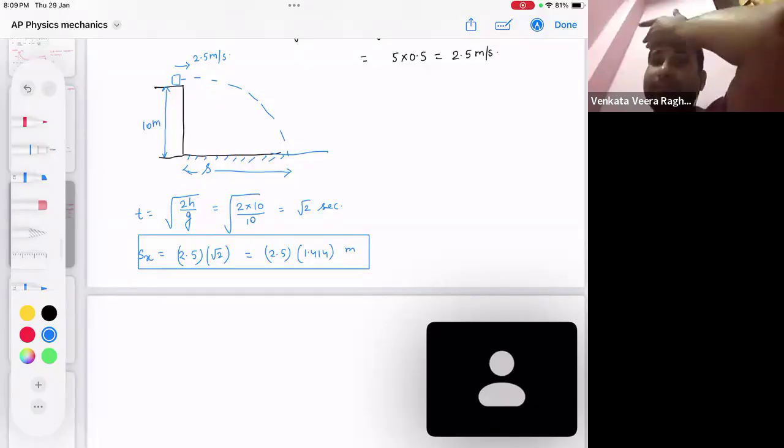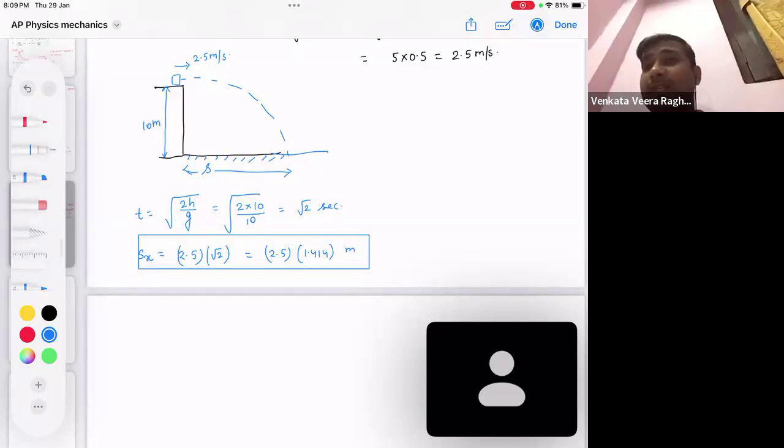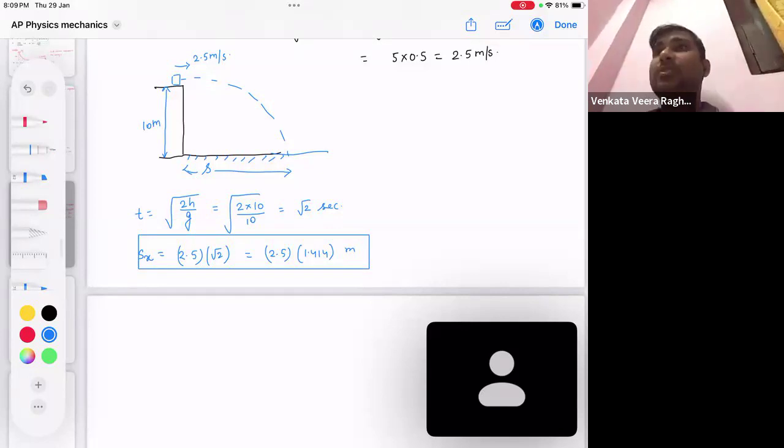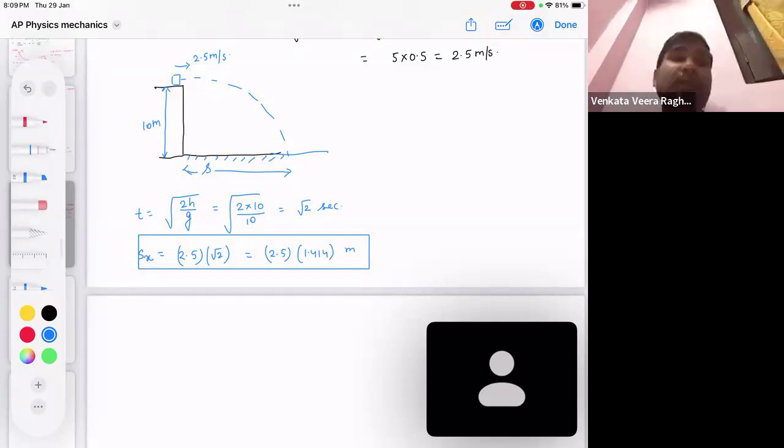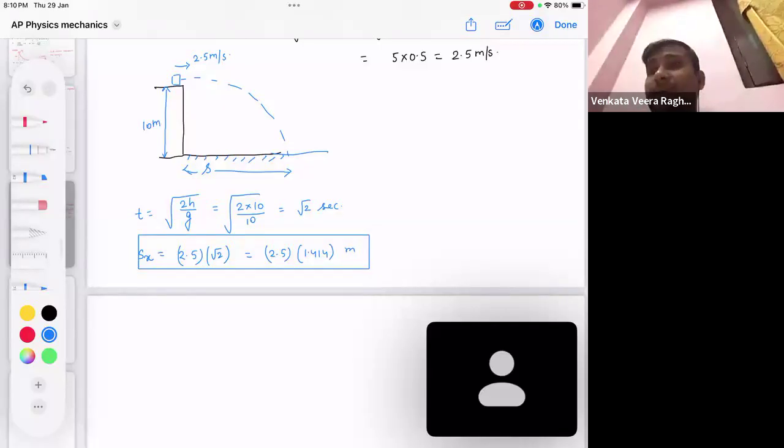And what is the work energy theorem? As per the work energy theorem, change in kinetic energy is going to be what? It is equal to work done by all the forces. So please keep in mind, whenever you are applying the work energy theorem, you have to write the work done by all the forces acting on the body.